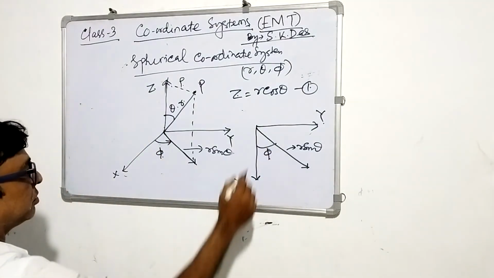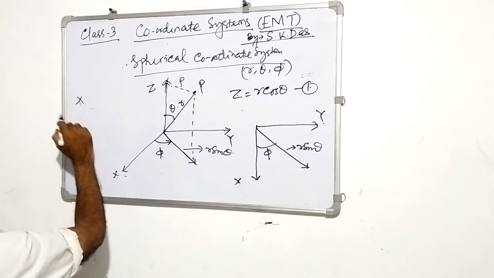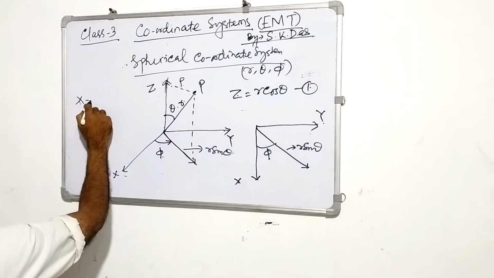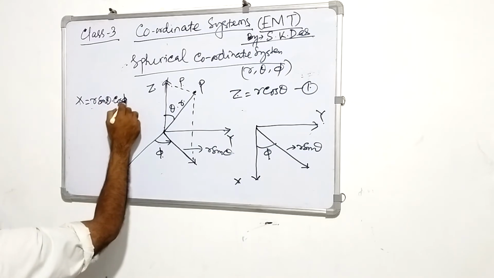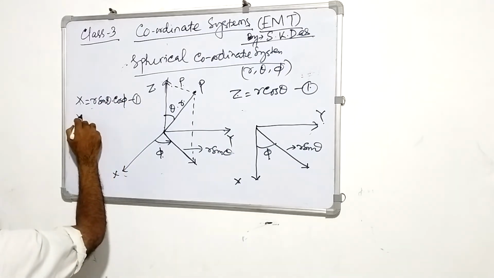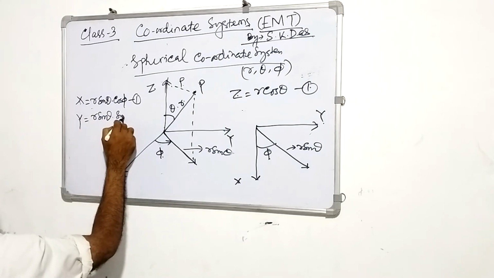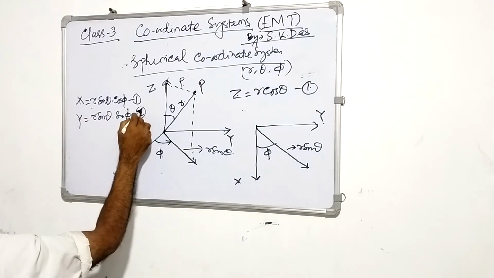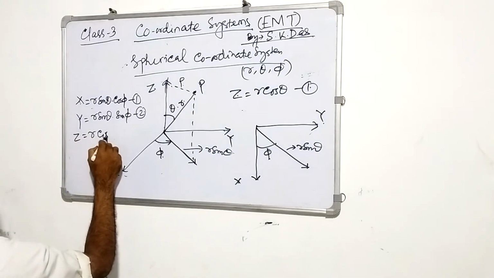Now if we resolve into x and y components, x will be given by r sin theta cos phi. Similarly, y will be equal to r sin theta sin phi, and z is equal to r cos theta.